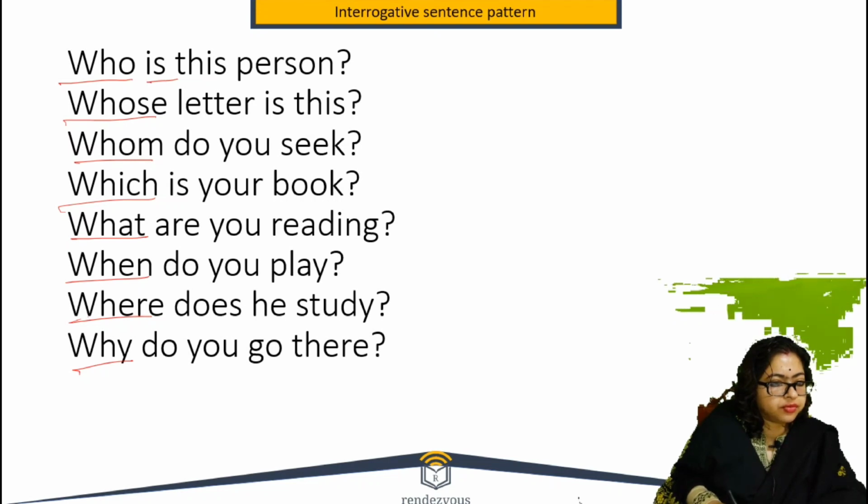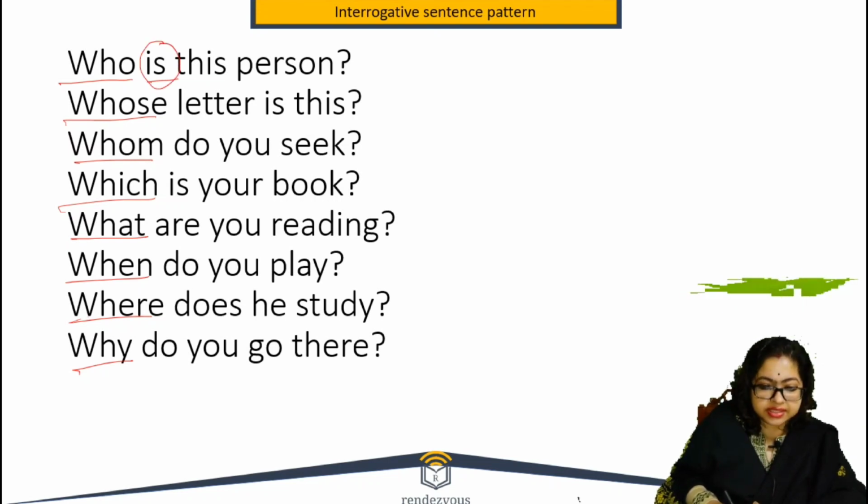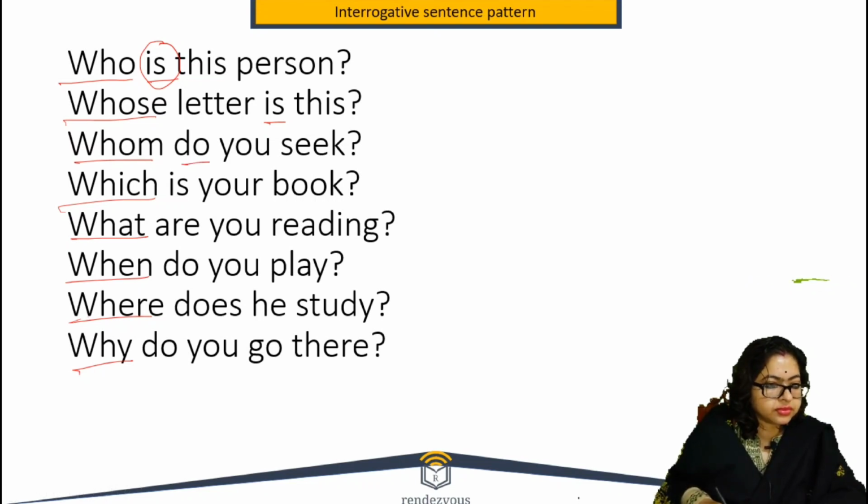For example number 1, we have a be verb, is is a be verb. For example number 2 also, there is a be verb. For example number 3, we have the auxiliary do. For the next example, we do have the be verb.